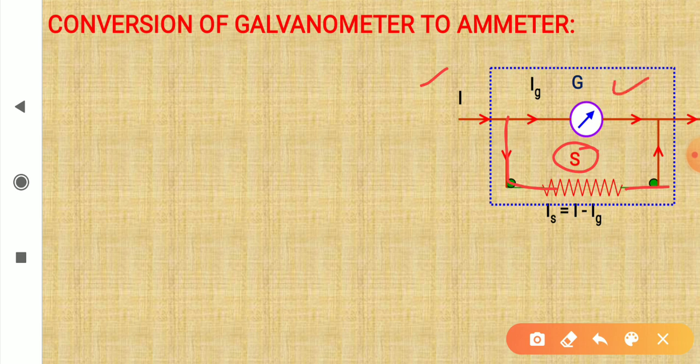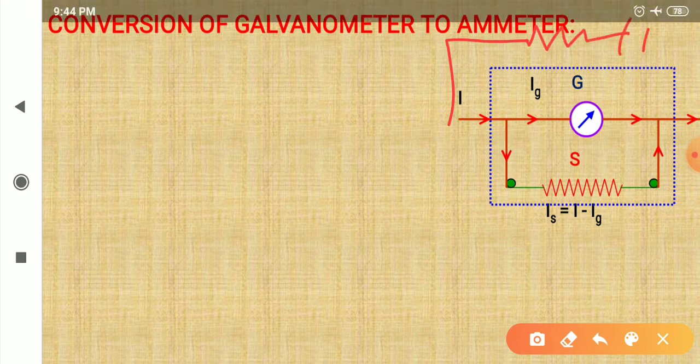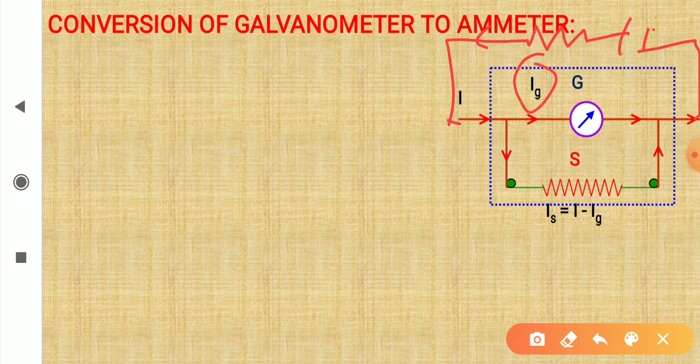So गैल्वेनोमीटर में छोटी सी करंट IG चली जाएगी एंड रिमेनिंग करंट I माइनस IG वो शंट से पास होगा, ठीक है? और सर्किट में करंट है I. See, if I try to complete the circuit, I can have a resistance here, a cell here, and in this way सेल से करंट रेसिस्टेंस में आई और यहाँ पर आ गई और इधर आ गई, और गैल्वेनोमीटर में छोटी सी करंट चली गई IG, और रिमेनिंग करंट के लिए हमने बाईपास दे दिया एज अ वेरी स्मॉल रेसिस्टेंस.